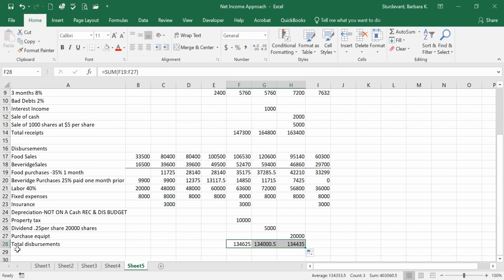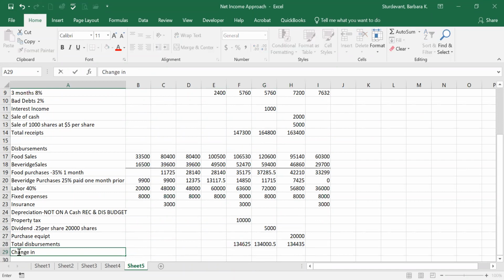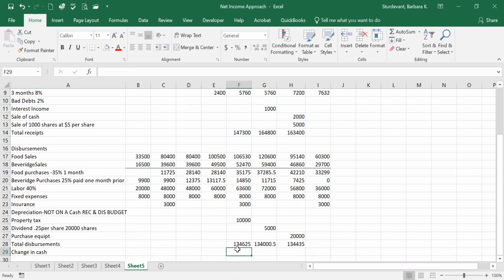To finish it off, change in cash. It's going to be your receipts minus your disbursements.